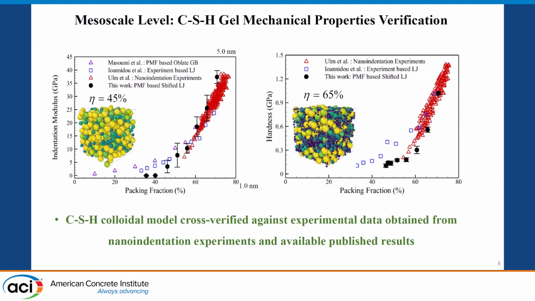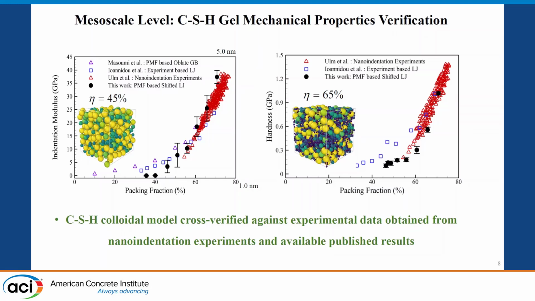What you find out is that, as we expected, our potential and our assumptions and methods are able to reproduce the trend which we observed in the nano-indentation experiments from various groups, including our original group from which we came, from MIT, from Professor Hong. So for high packing density, we are pretty good.